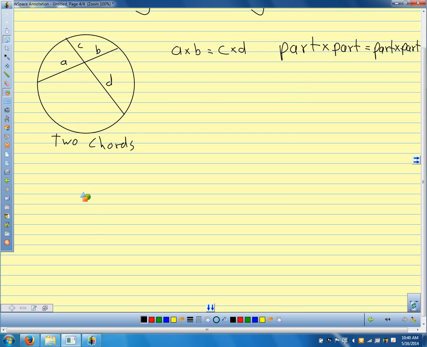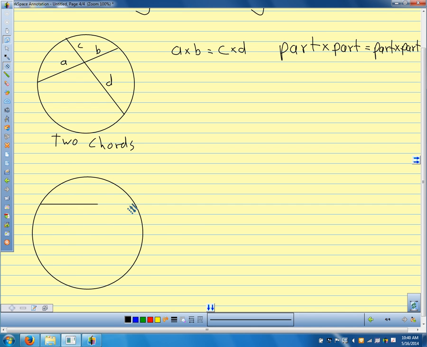Another way is if we have 2 secants. So if we had a situation like so, A, B, C, and D, and these are the lengths of these segments.